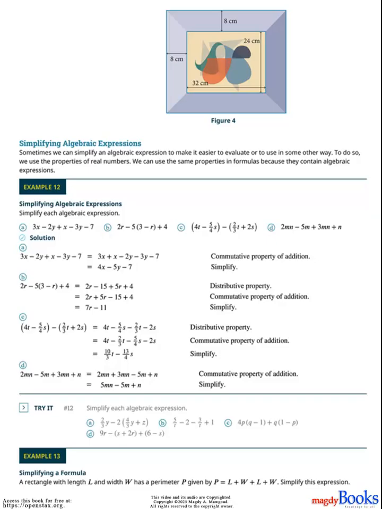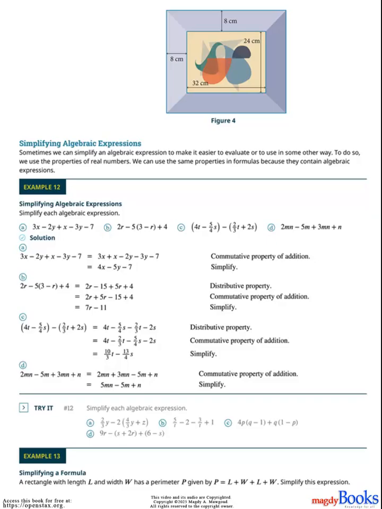C. 4p(q − 1) + q(1 − p). D. 9r − (s + 2r) + (6 − s).